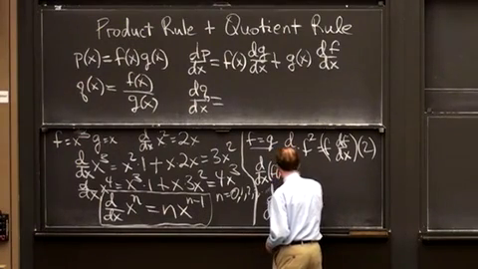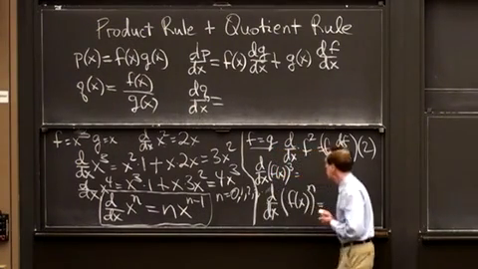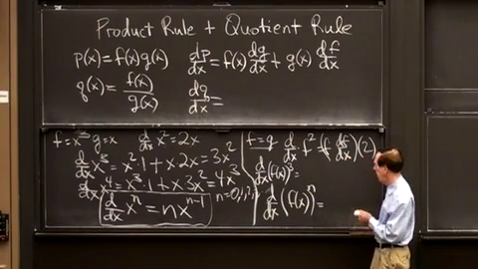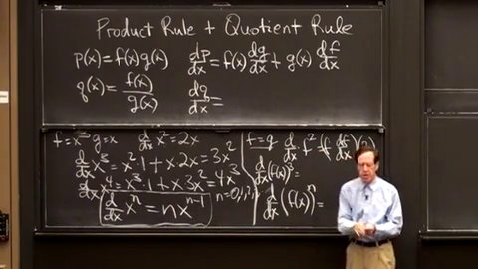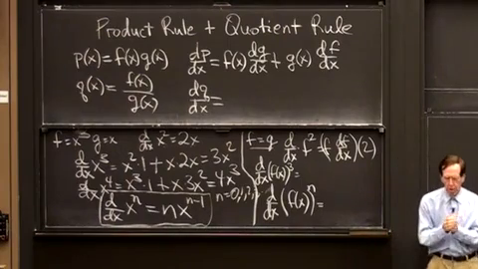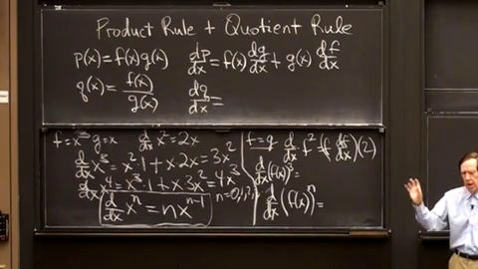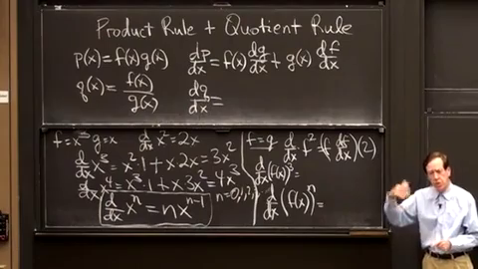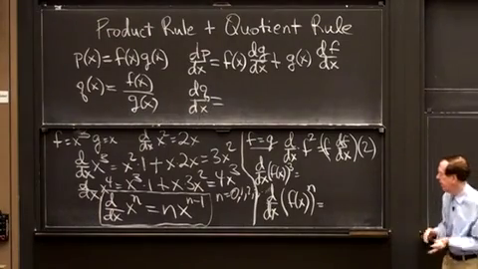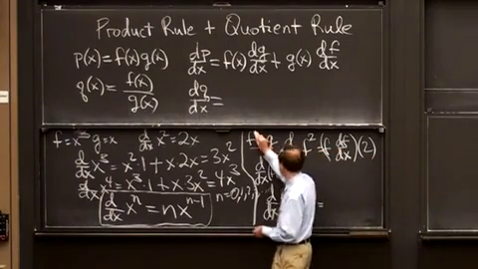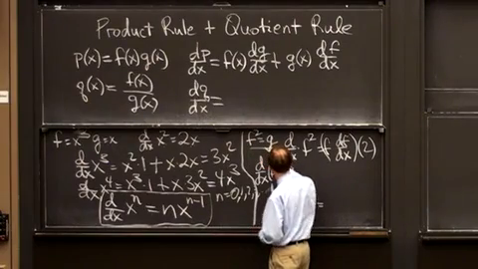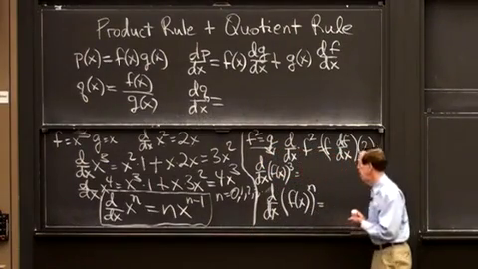Now let's practice with this one. Okay, so now what am I going to take? How do I get f of x cubed? Well, I've got f, so I better take g to be f squared. Then when I multiply, I've got cubed. So g is now going to be f squared for this case.